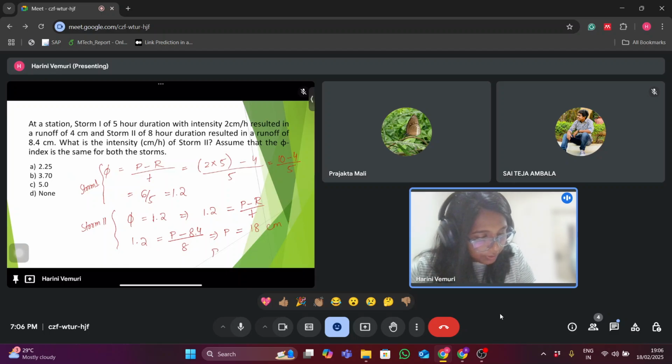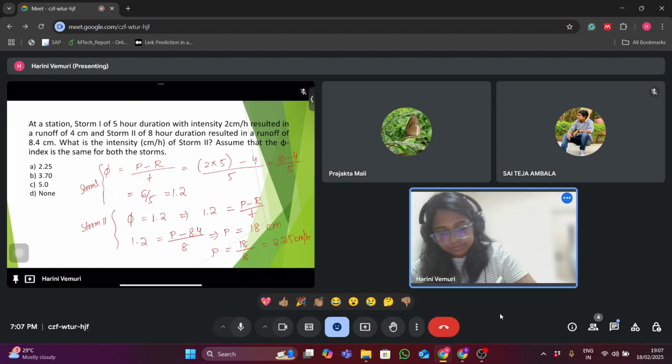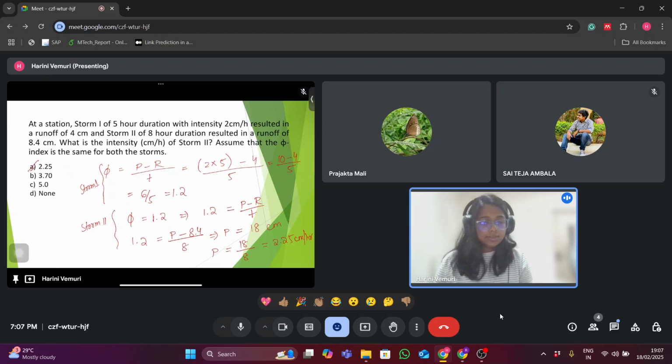To convert it into intensity, you have to divide by the duration of storm. Okay. So that is 18 divided by 8, 2.25 centimeters per hour. This is our answer.